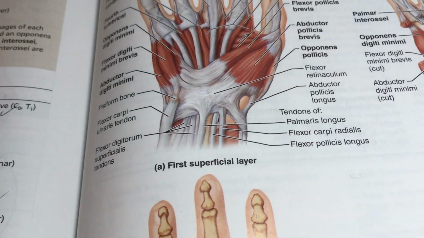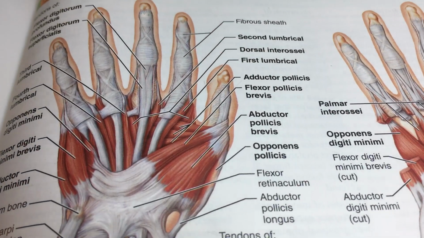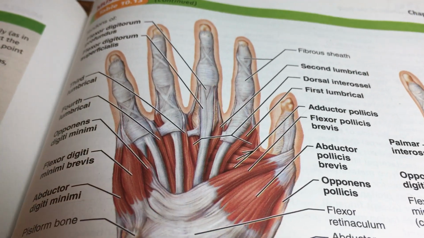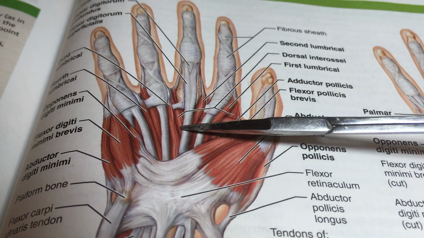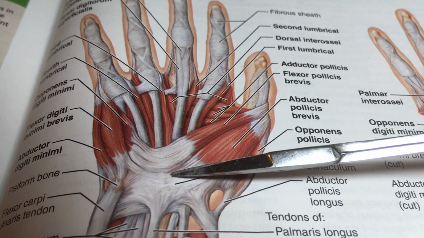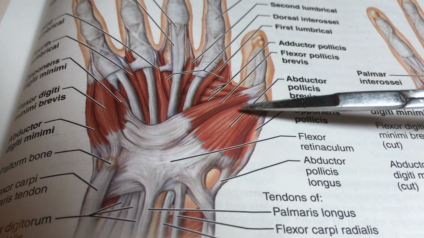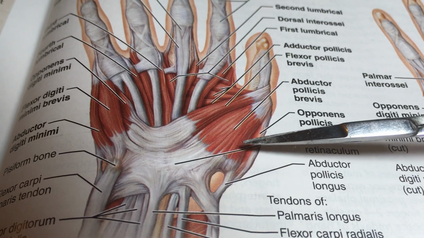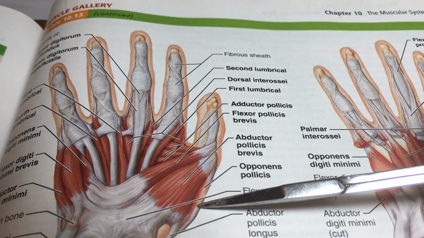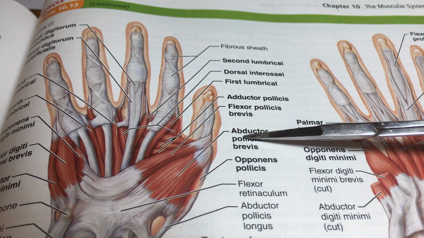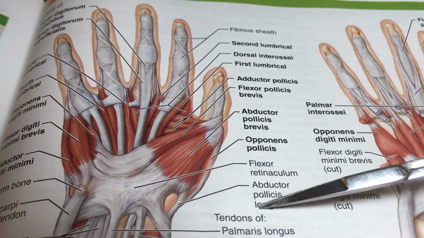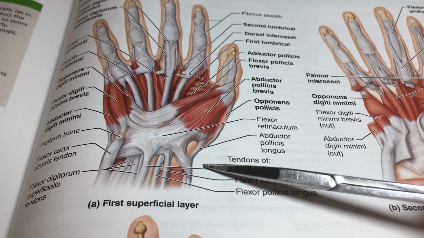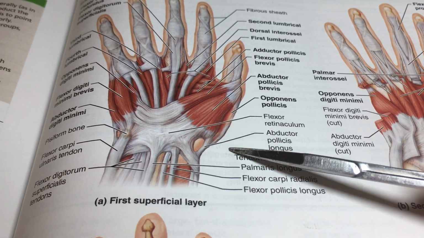Let's take a look over here. As we go from superficial to deep, we're just underneath the first layer of palmar aponeurosis, and we have these two muscles here on the thumb side. Okay, so this one is an abductor. Remember, this is the longest down here, and it wraps the wrist a little bit.